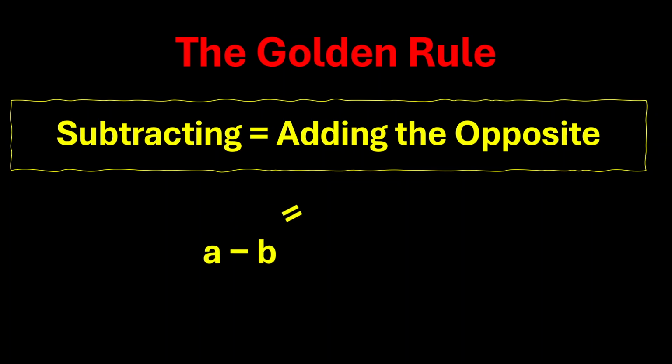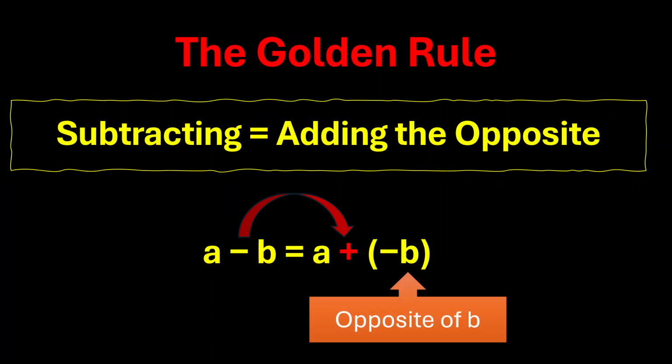For example, A minus B equals A plus minus B. So we change the subtraction to addition, and for the second number, we add the opposite of the number, which means we change the sign. If you understand this rule, everything is easy. You will subtract integers without any problem.